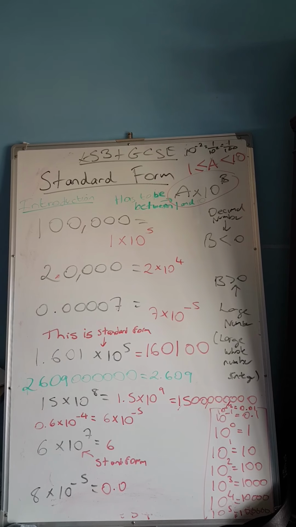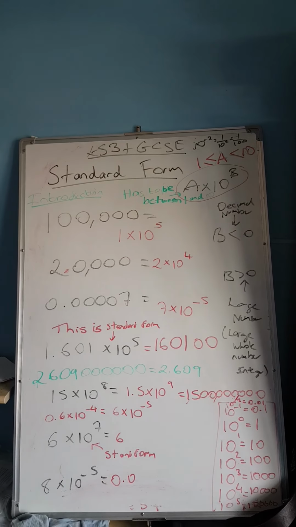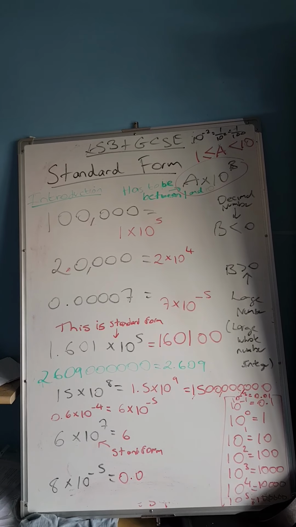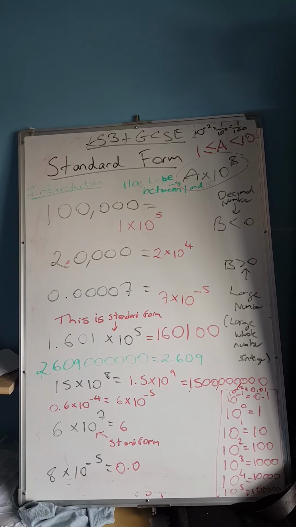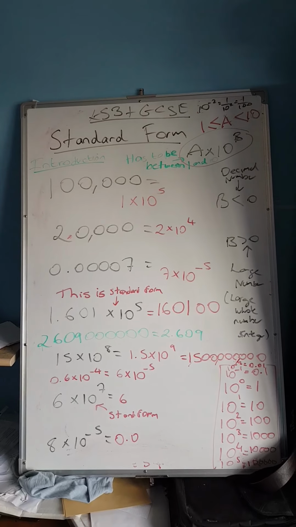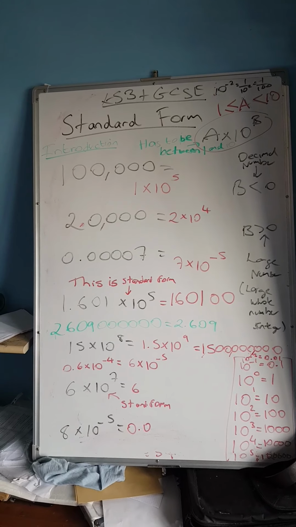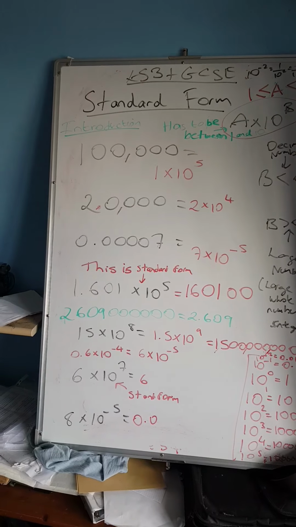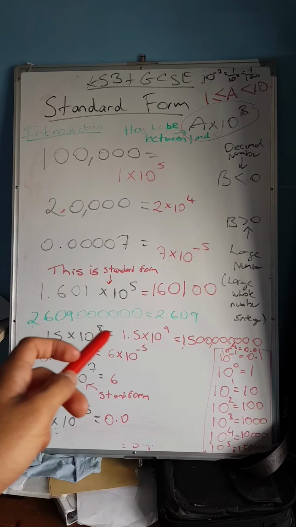And then finally, last few examples. So this is 26 billion, I think, and then it's 900 million, I think it is. But basically, I'll do this one live.